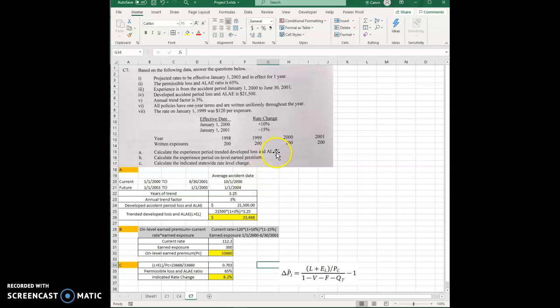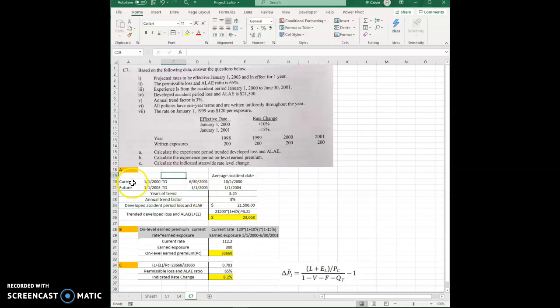So for this one, we already know the annual trend factor is 3%, and we know the developed accident period loss and ALAE right here is 21,500.